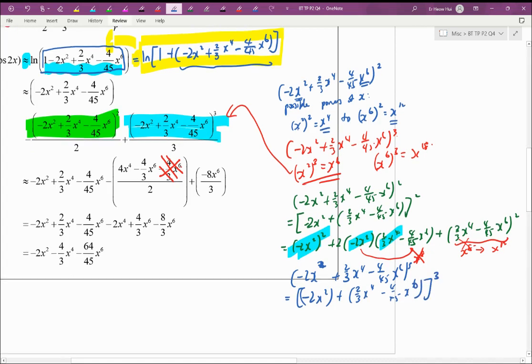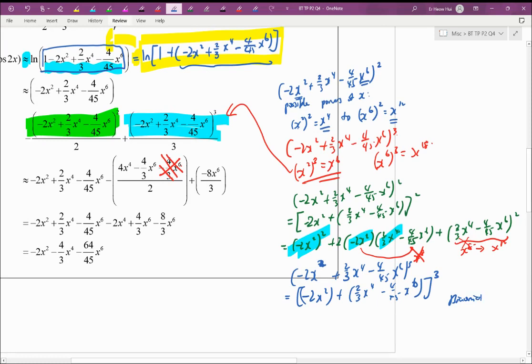Alright, and then you expand using binomial expansion. Right, then you take the relevant terms, -8x⁶/3. Okay, you expand and you simplify. So this would be the answer for this part of the question.